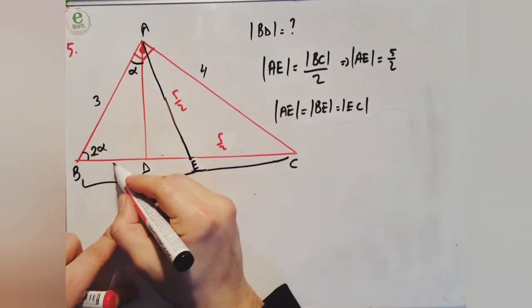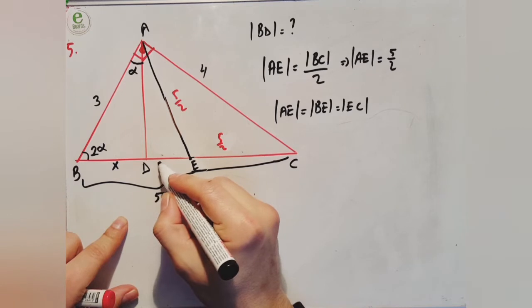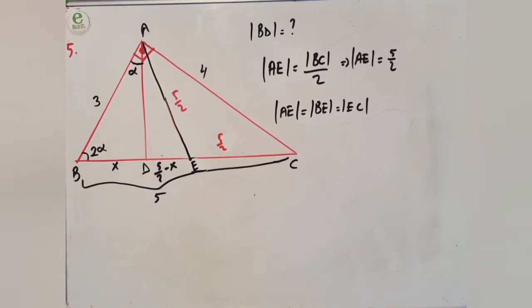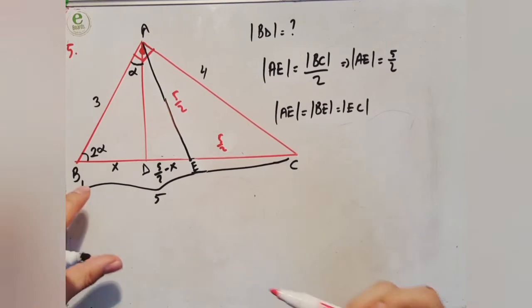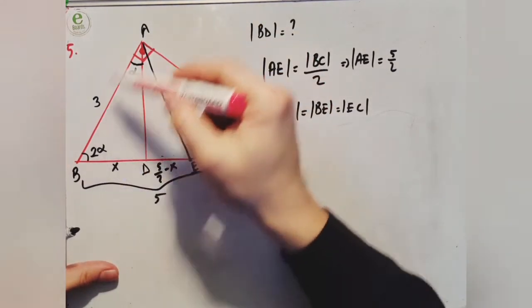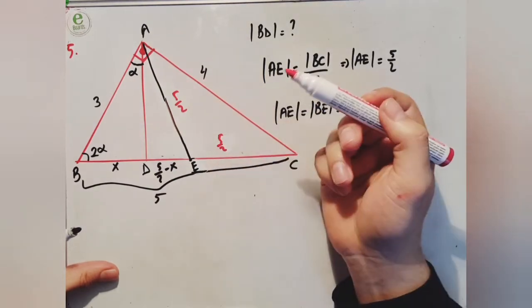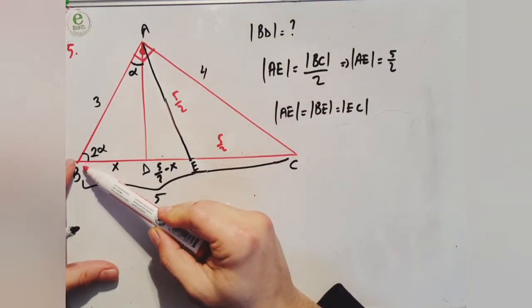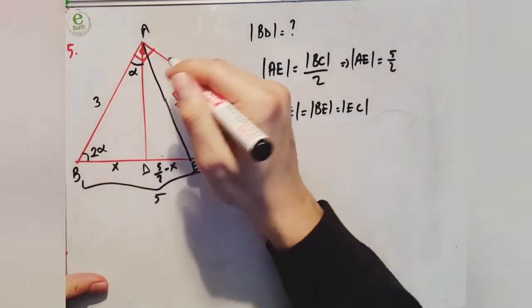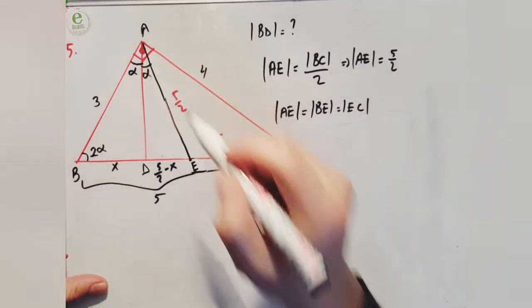So if BD is X, DE is also 5 over 2 minus X here. So BE is equal to AE, which means that triangle ABE is isosceles. It means the measure of angle B is equal to the measure of angle A, because corresponding sides are equal here, so it must also be alpha.